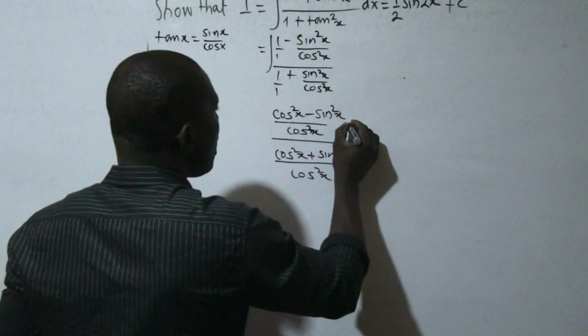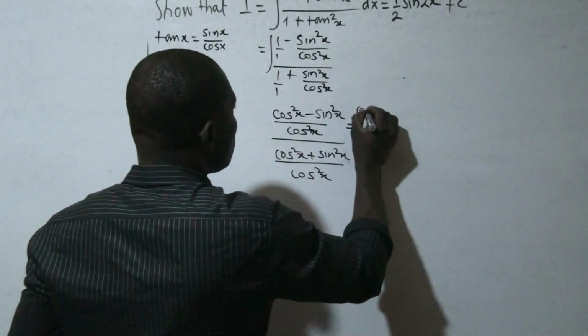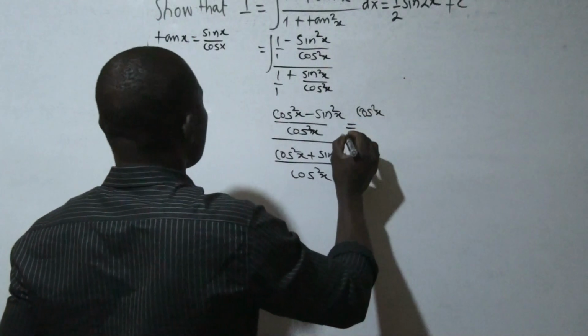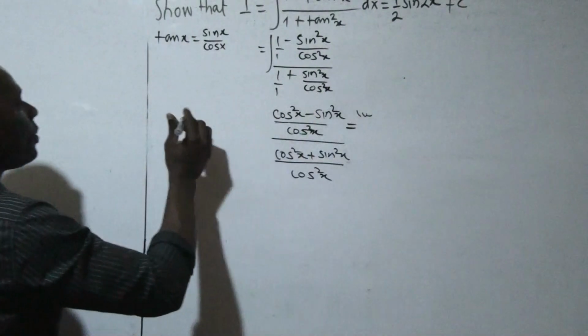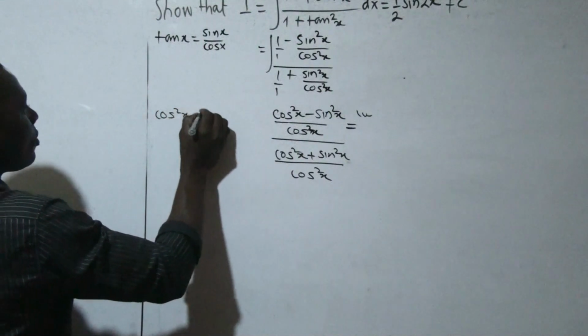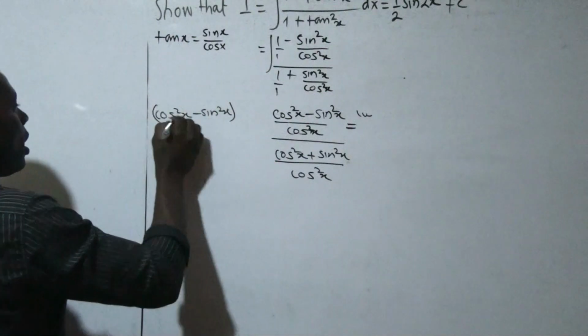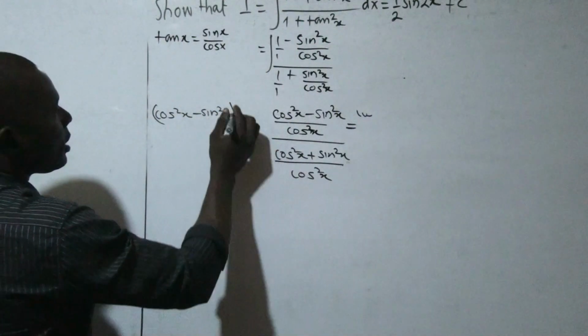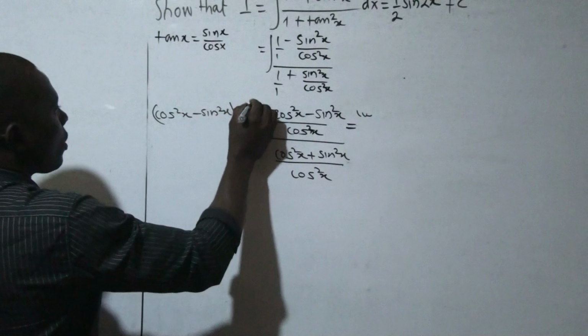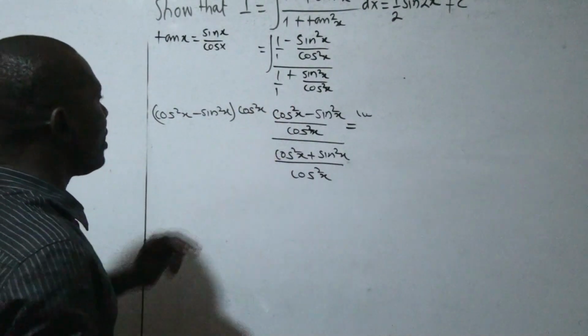So this simply means cos square x minus sine square x, times cos square x, that is far by far, near by near.